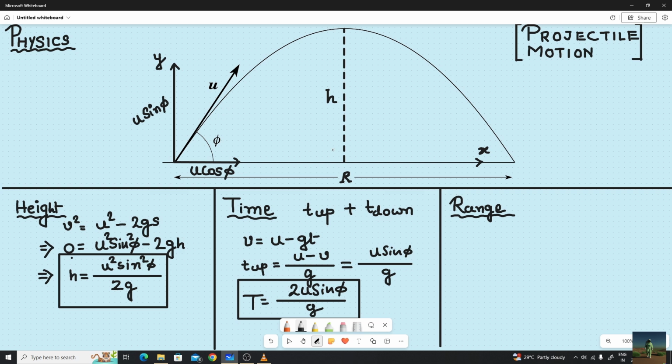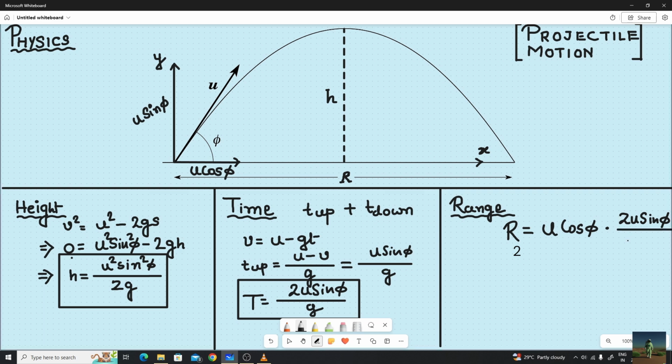So the range will be R equals the velocity u cos phi into the total flying time, that is 2 u sin phi divided by g.